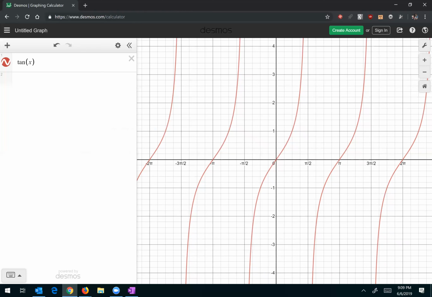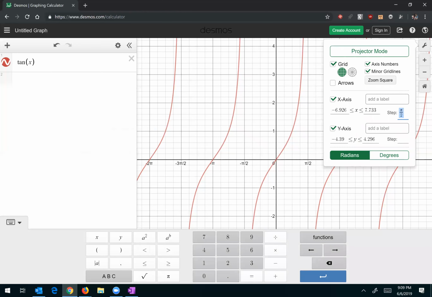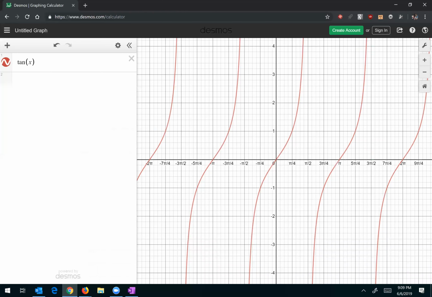Also, extra important is the fact that it is equal to 1 and to negative 1 at pi over 4 and negative pi over 4. In fact, let me change my scale to pi over 4 instead. There we go. Now you can see that at pi over 4, it is equal to 1, and at negative pi over 4, it's equal to negative 1. That's because the sine and cosine are equal at those values. And note that's halfway between its midpoint and its asymptote.